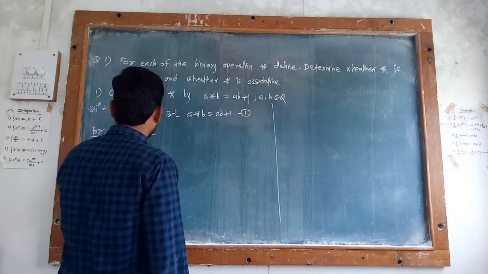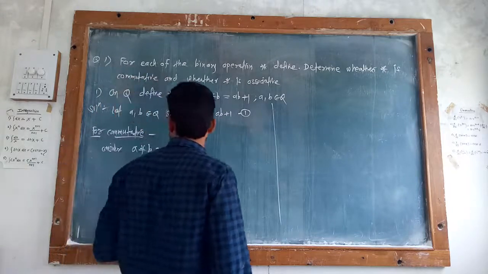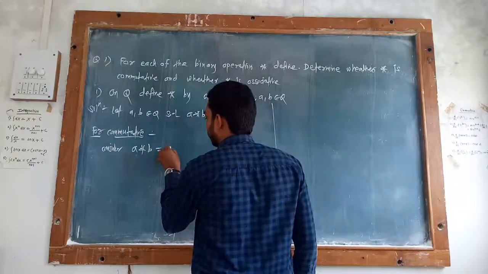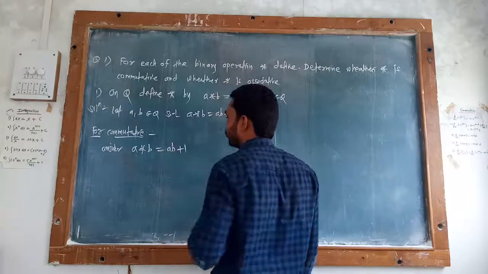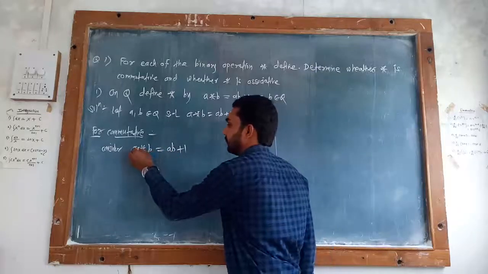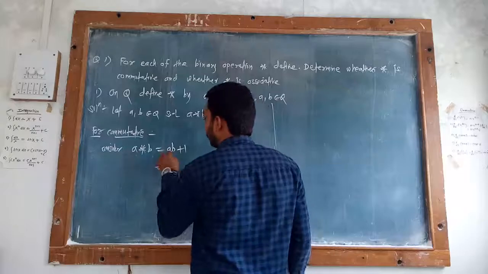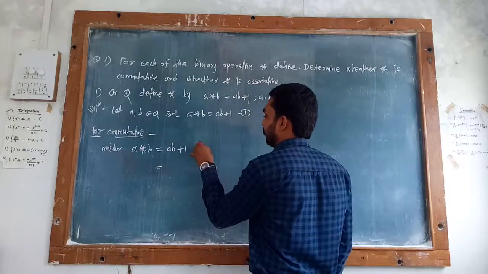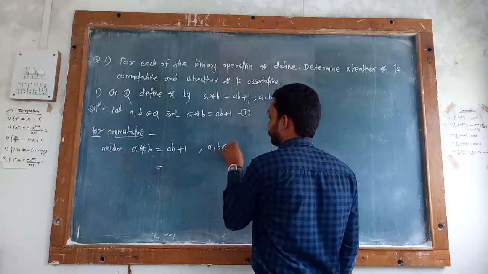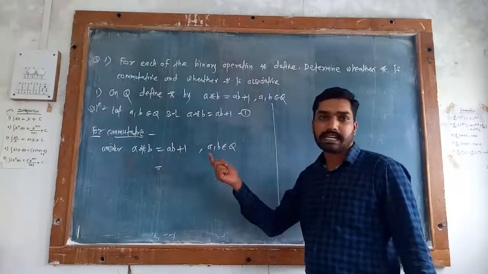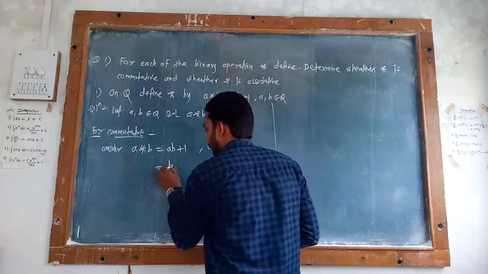Consider A star B. What is your A star B? That is AB plus 1. Where A and B are members of rational numbers, AB can be written as BA, right?